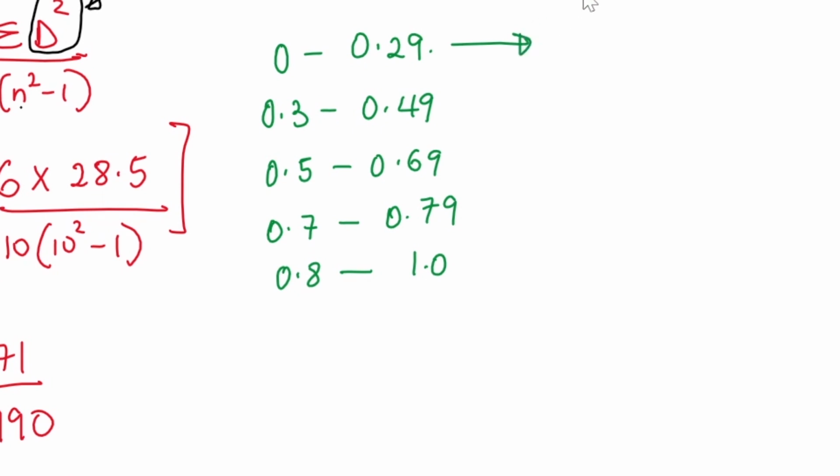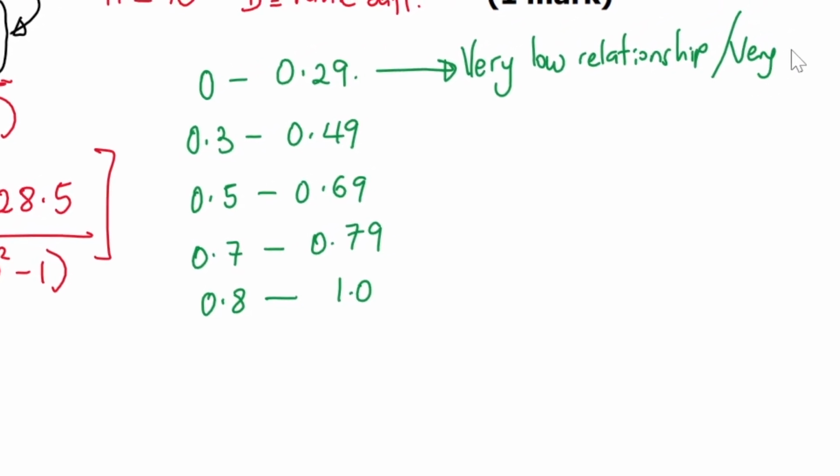So here it's going to be very low. If your answer lies here, it's going to be a very low relationship, or call it very weak.